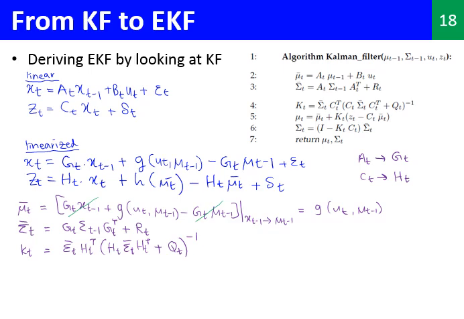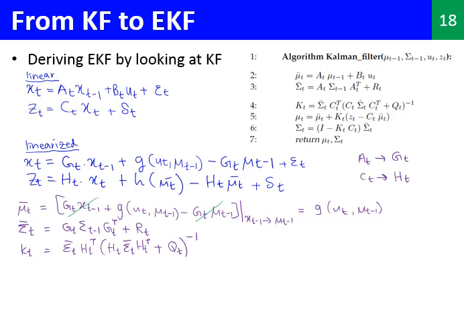Now for the fifth line here, mu t, we need a predicted measurement. How do we get that? In the standard Kalman filter, if you look at the measurement equation, we get that predicted measurement by taking the deterministic part and substituting x t with mu t bar.